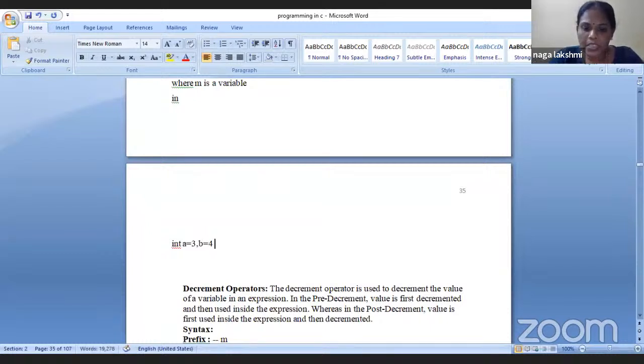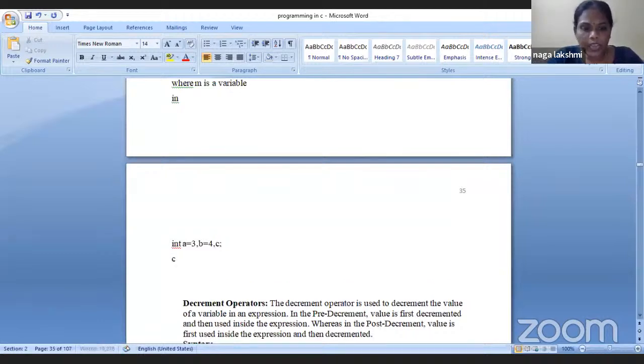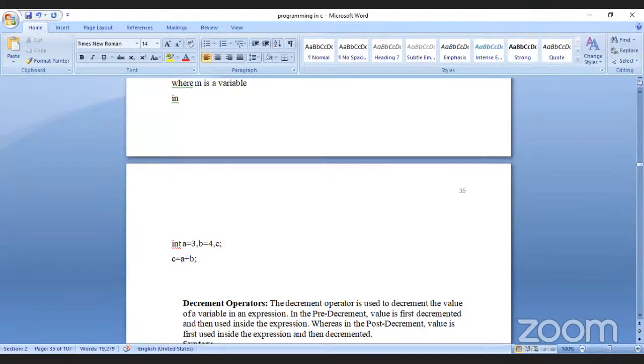I have taken c also. Now c equal to a plus b. So what will be the output I get? 7, ma'am. c equal to 7.